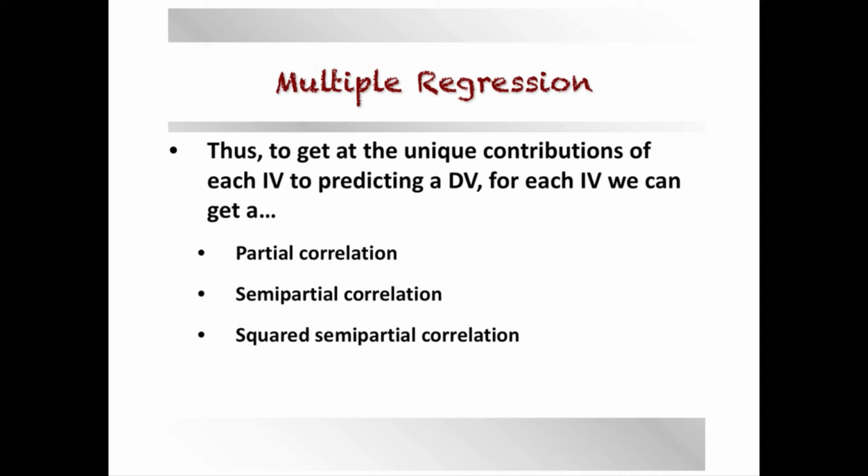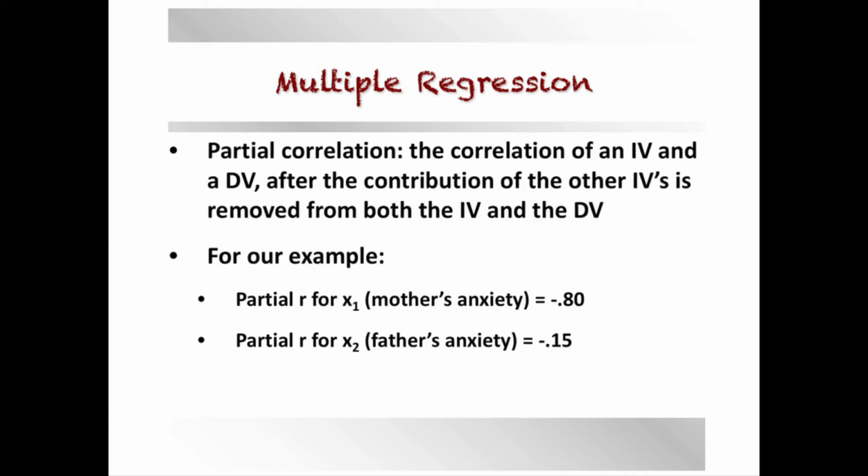We can still just do it all in one run with a multiple regression, but then when we get these statistics, we can clarify things. For example, if your IVs are correlated at, let's say, 0.4, it's still perfectly valid to run a multiple regression, but these additional correlations are useful to tease out the uniqueness of each independent variable in predicting the DV. So let's get into the definitions.